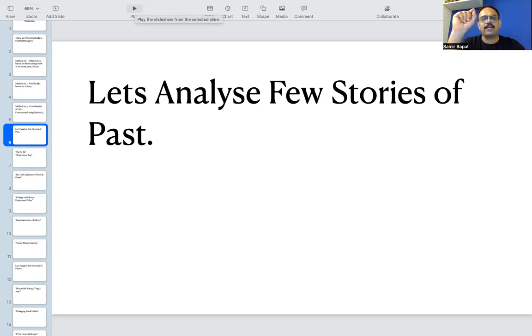Only by going through ratios and growth percentages, it is near impossible. Believe me, it is near impossible to find a multi-bagger for tomorrow. So, step number one, I'll explain a few of my stories, how I went about searching for good companies, what the clues were, and how I found those companies based on those stories.